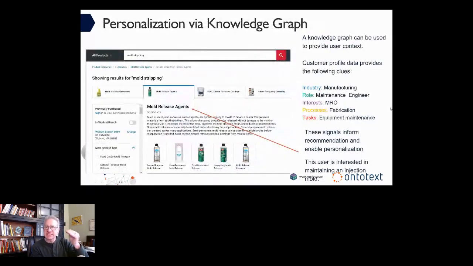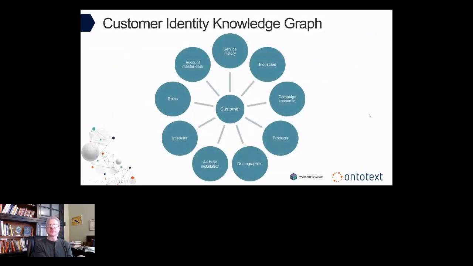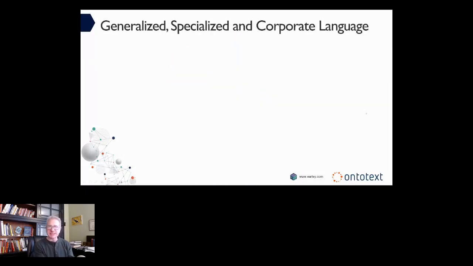But the idea is that these signals, who that customer is, what we know about them, their identity graph, those signals that we harvest from all of those touch points inform what type of result we're going to give them. In this case, we have service history, role, campaign response, industries, demographics, interests, products. What's all that digital body language that we can capture and use in our customer identity graph?